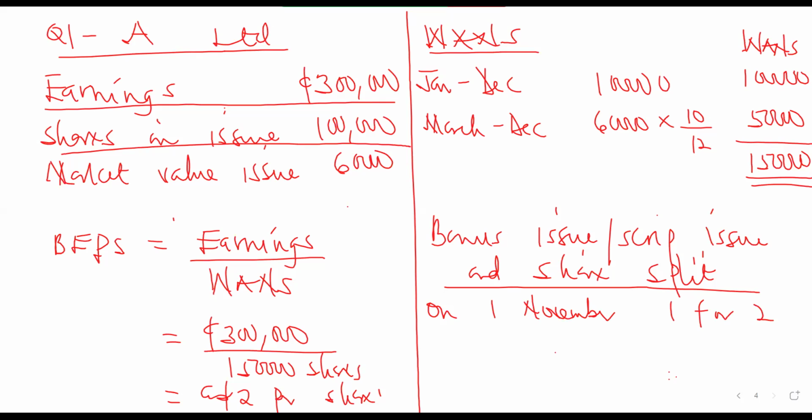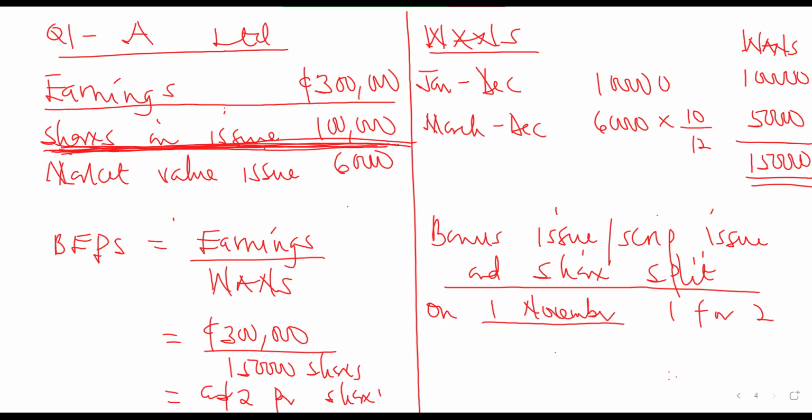Since these shares were there at the beginning of the year, we assume the bonus issue has also been there from January, or from the time that these shares were issued. So we don't actually pro rata it.